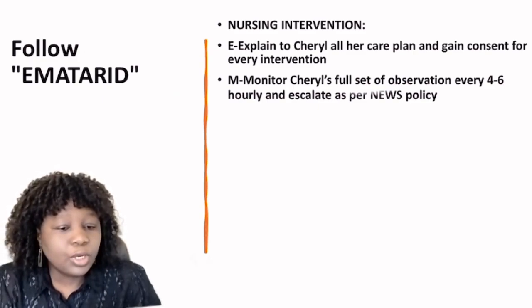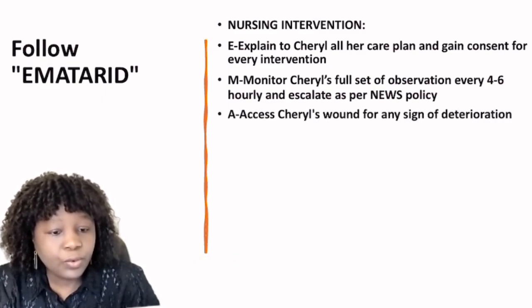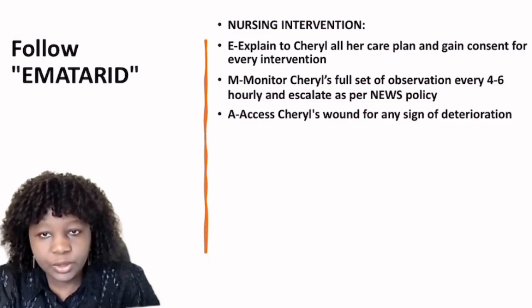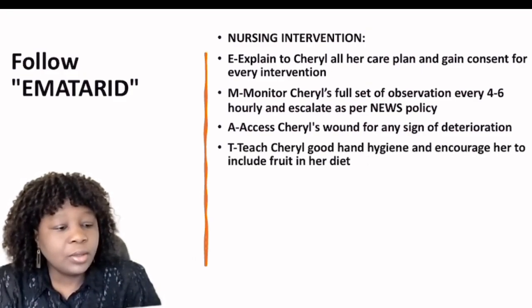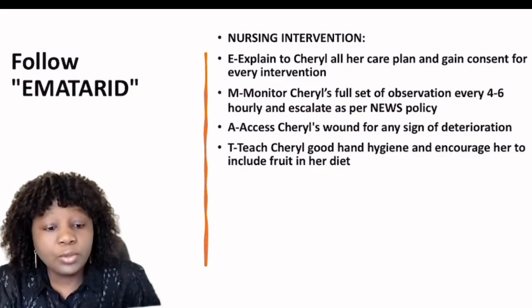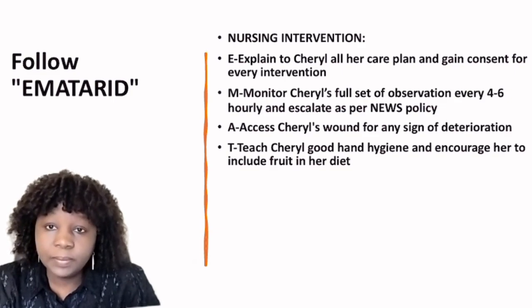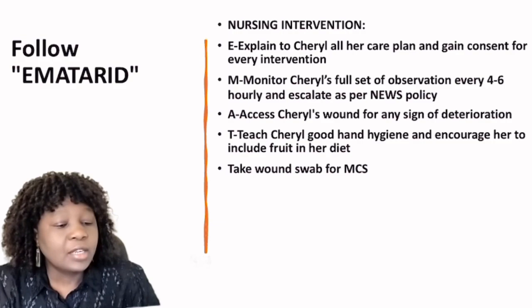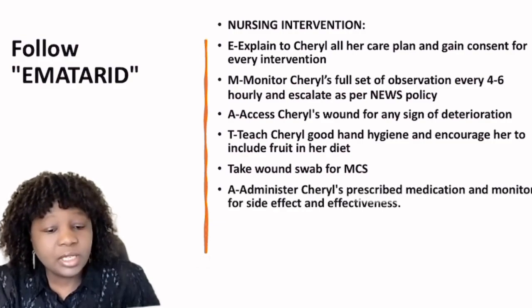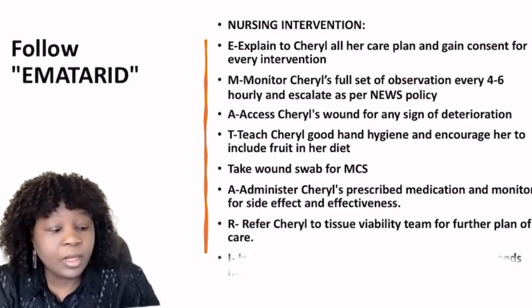And the next one, which is A, is assess Cheryl's wound for any sign of deterioration. Okay, and the next one is T, teach Cheryl to include fruits in her diet to promote wound healing. And the next one is A, administer Cheryl's prescribed medication and monitor for the side effects and effectiveness.